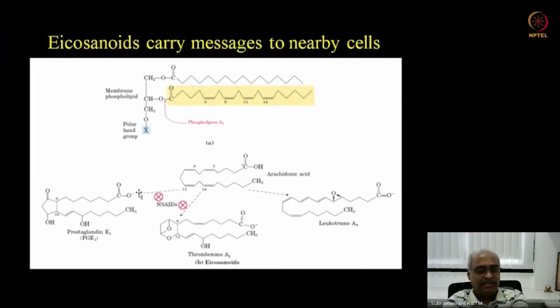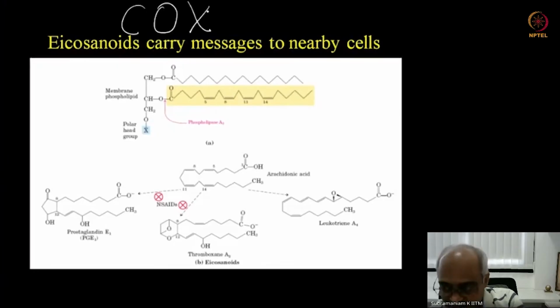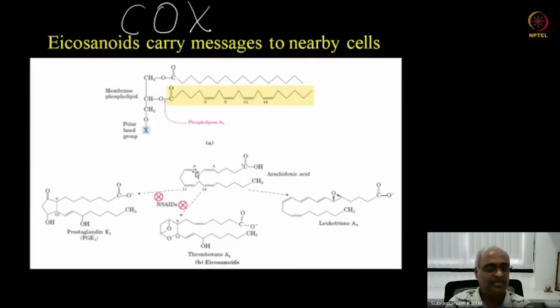And there is an enzyme called cyclooxygenase, or affectionately COX. So it's basically cyclooxygenase because it cyclizes this linear structure by this bond formation here, and it becomes a cyclical structure, and that is a prostaglandin.